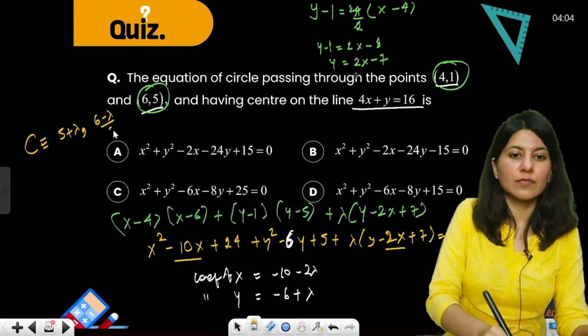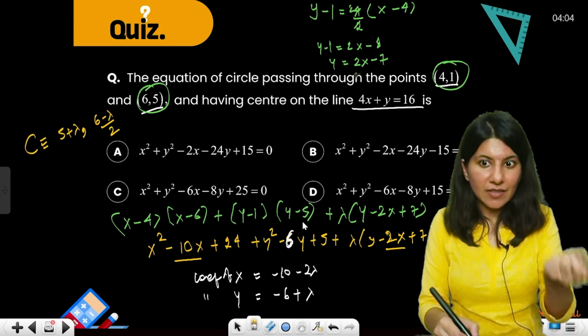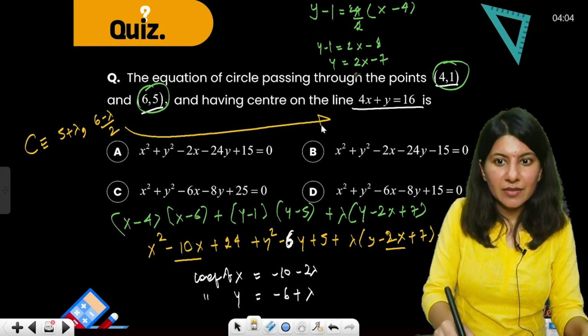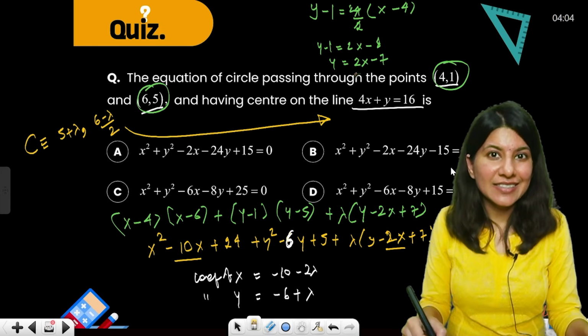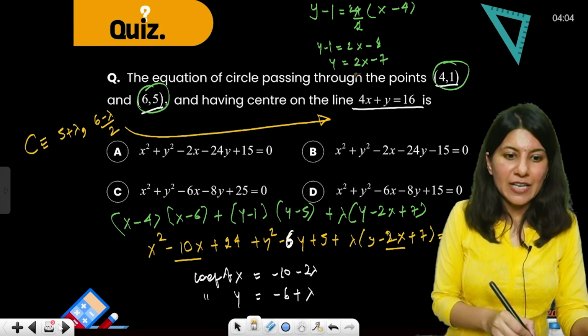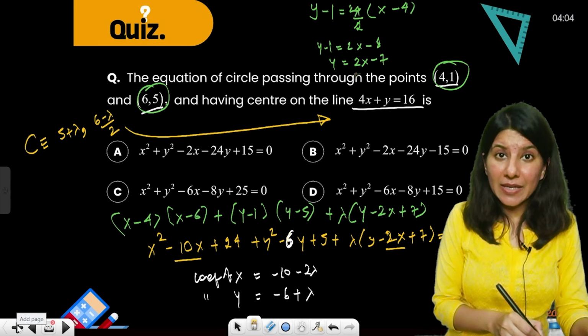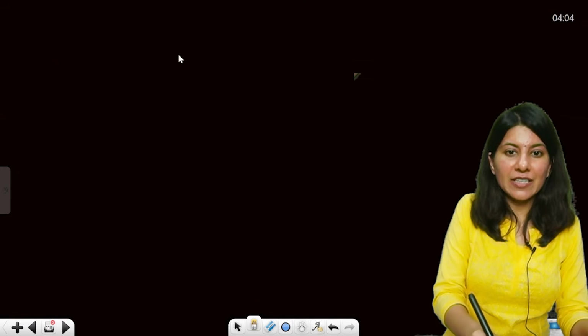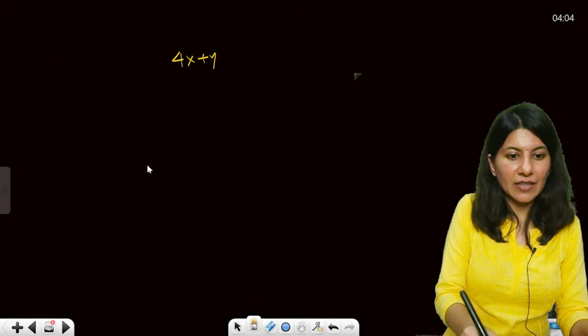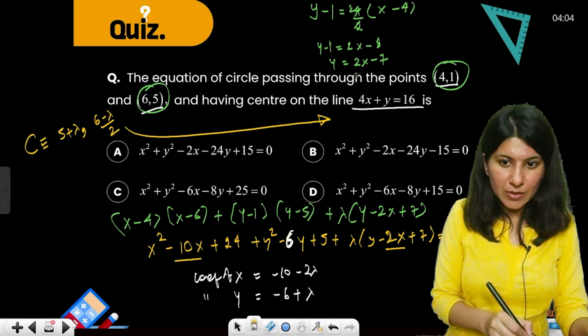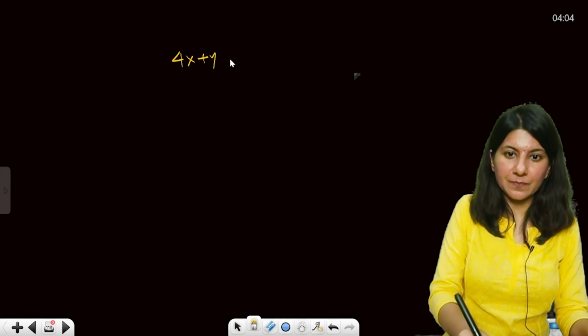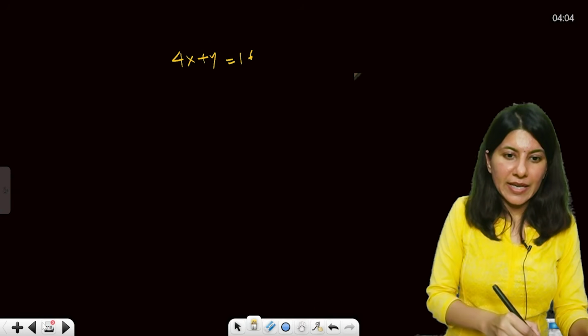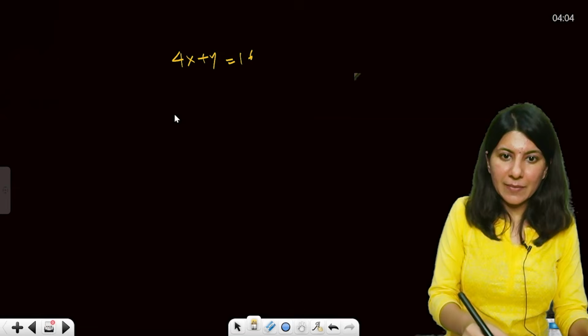Now this center should lie on this line, so we can satisfy 5 plus lambda and 6 minus lambda by 2 in 4x plus y equal to 16. So x will be 5 plus lambda.